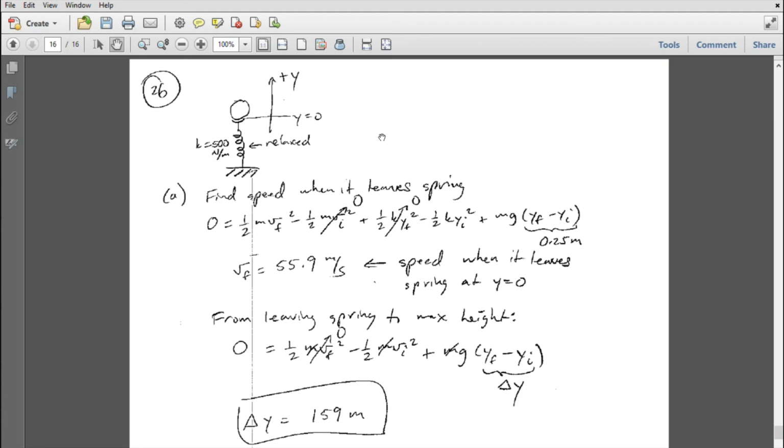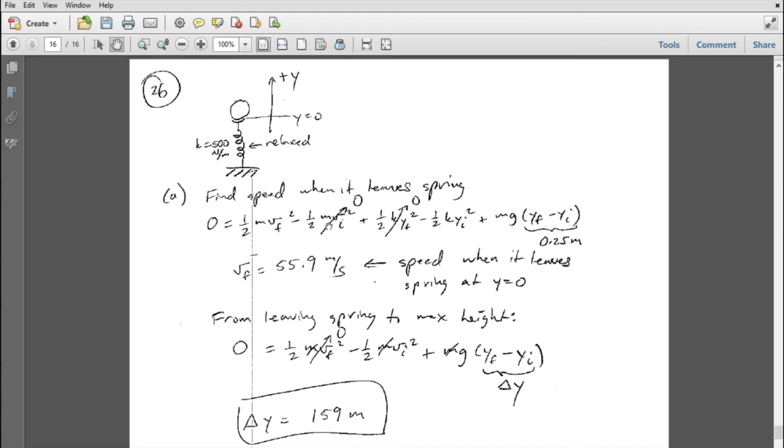and I'm sorry, we're supposed to, in part A, find its speed as it passes the spring equilibrium position. So in this case, the final condition is going to be when y equals 0, we want to find what v final is. So, net work done by all external forces. There aren't any external forces doing work on the moving part of the system, the ball in this case. So they're all internal forces for which we have a potential energy change.